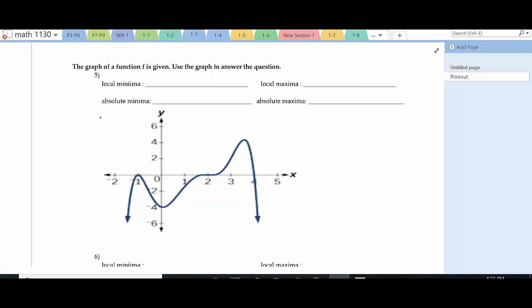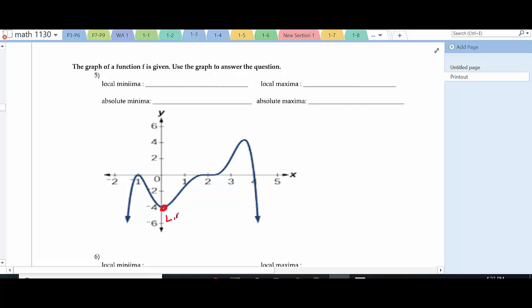Now, would you call that 0, -4? You would just say the point 0, -4. That's what we're going to do. Okay, how many relative maximums does it have? That's 2. What are they? -1 and 3.5 maybe? Okay, I'm kind of seeing that as 3.5. Okay, that's it. So what you would end up having is the local minimum would be here.